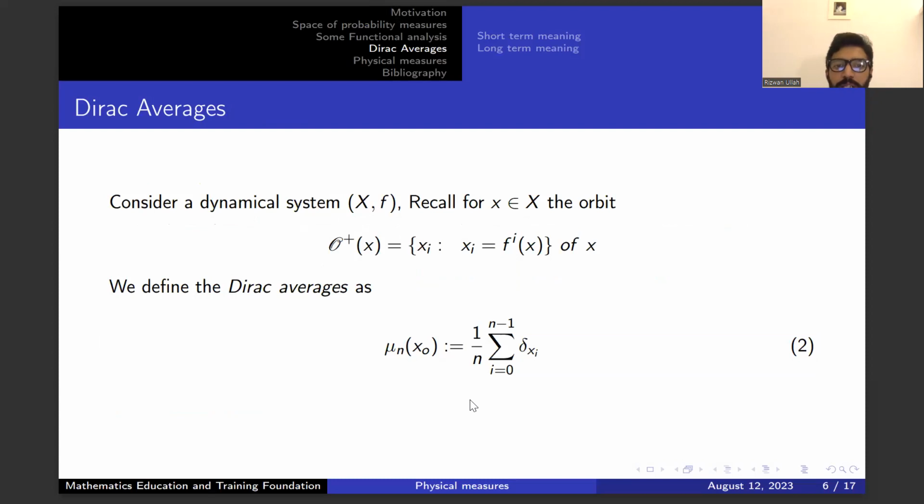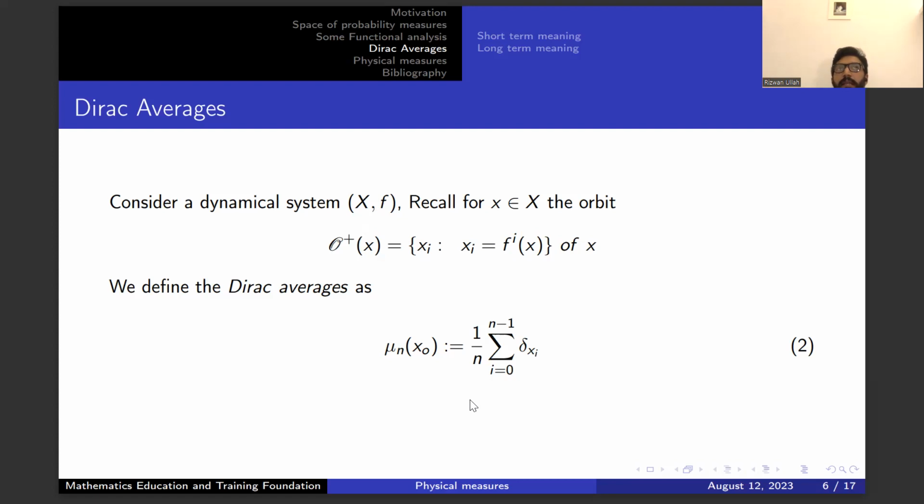Another concept that we need is Dirac averages. Let's recall the orbit again, the set of points which we get from the forward images. The Dirac average is defined for a finite number of elements of the orbit, for example, the first n elements of the orbit.